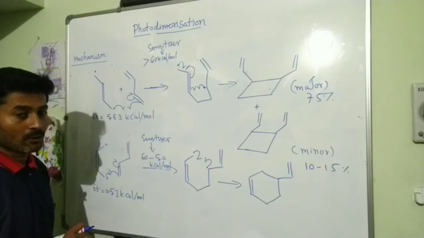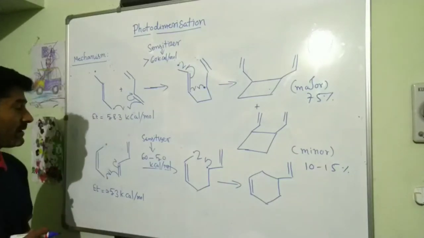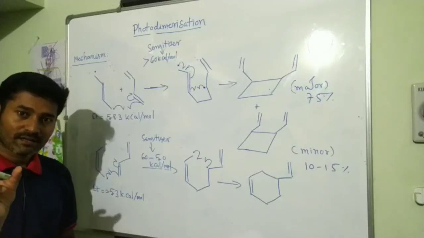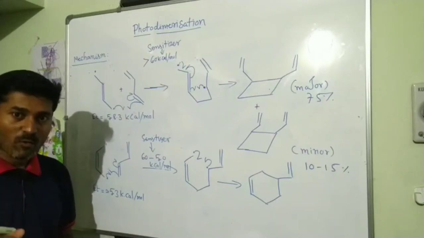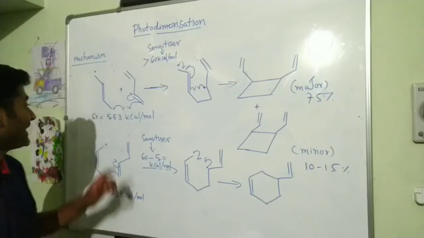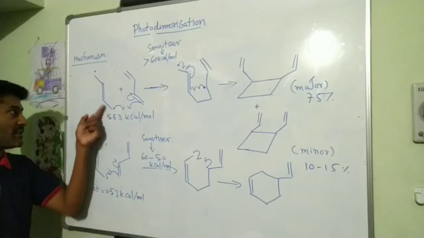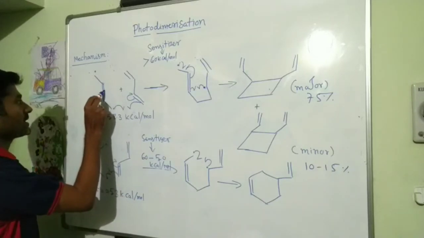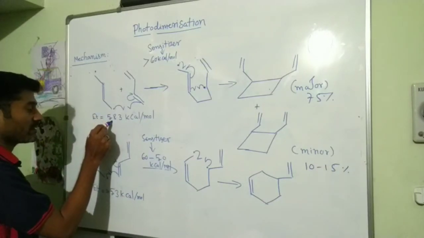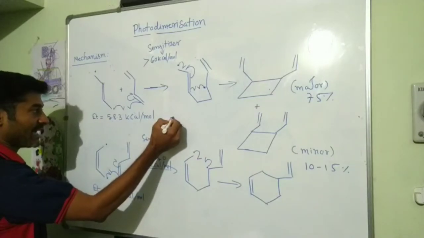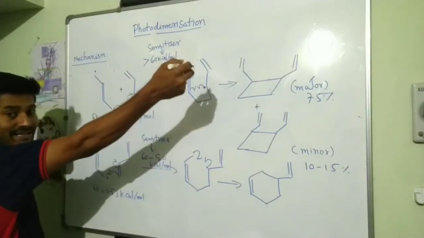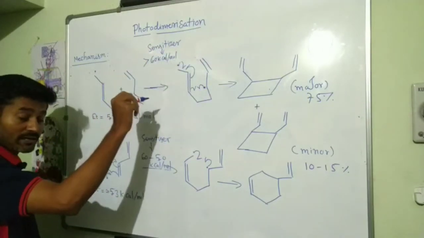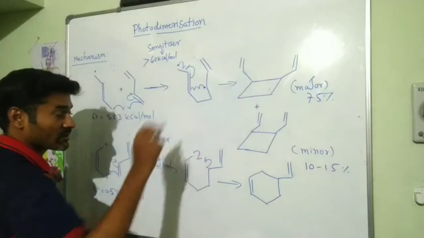Okay, now let me explain. Already I told you in the previous lecture, your sensitizer should have equal or greater than this triplet state energy. So here the triplet state energy is 58.3, so if your sensitizer has energy of 58.3 or greater, then you'll get this one as the major product.